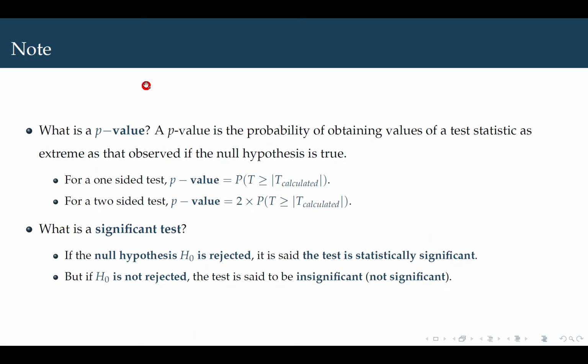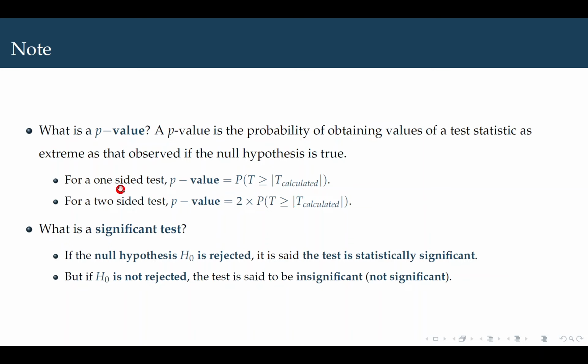So let's see more about what a p-value means. A p-value is the probability of obtaining values of a test statistic as extreme as that observed if the null hypothesis is true. Or you can consider this p-value as the actual probability of committing type 1 error. This p-value is obtained as the probability that the test statistic has a value greater than or equal to the absolute value of the calculated test statistic.